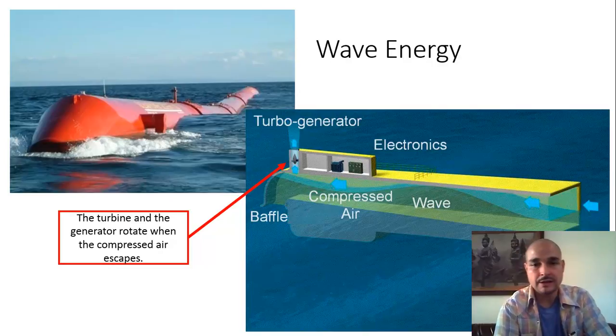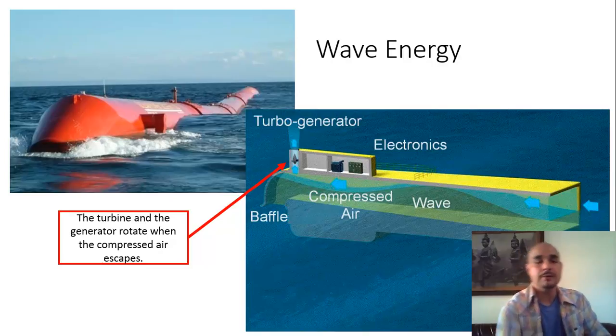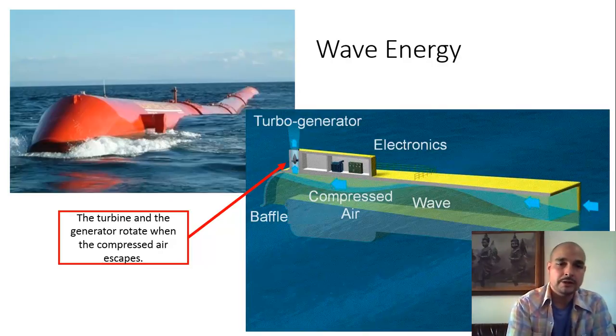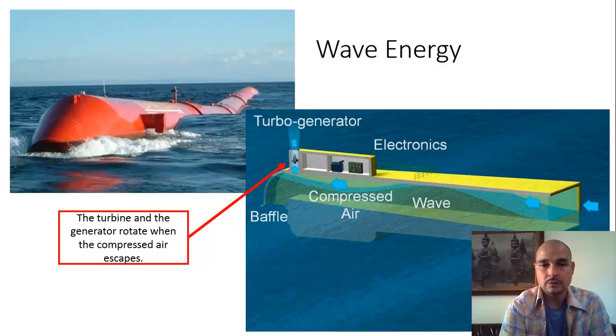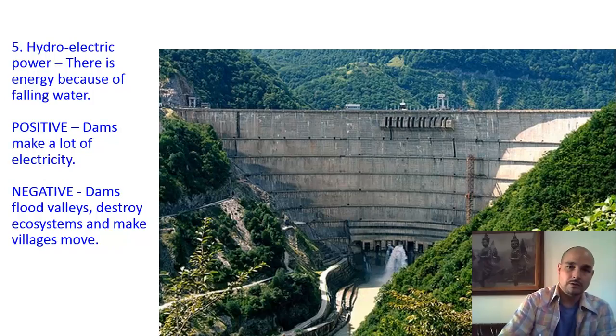This compressed air, air under pressure, is going to go up and out, and when it goes up and out of the machine, there's a turbine and a generator. You can see the red arrow pointing to a very small turbo generator, and that will create electricity. Same process as before.